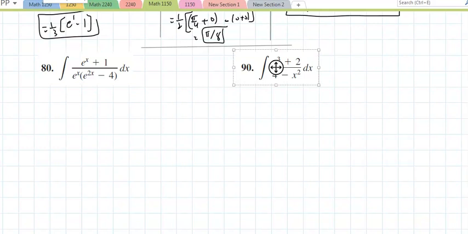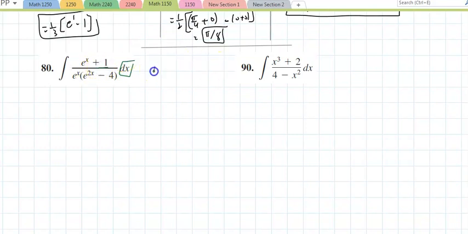Next problem up is number 80. I'm glancing at this and debating, well, okay, what should I let u equal? I could let u equal, and again, I'm looking at dv or du. The problem with this is that I want du to be a dx because there's a plus 1.